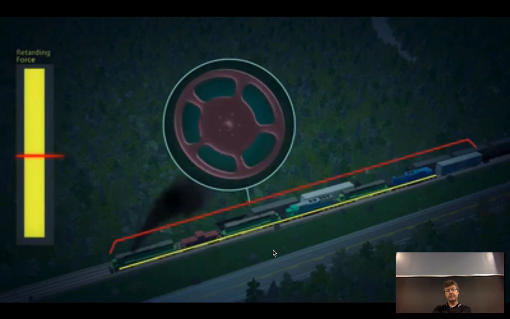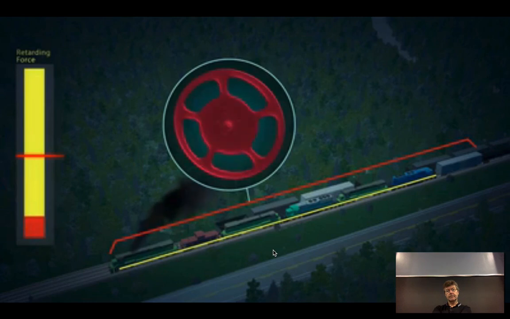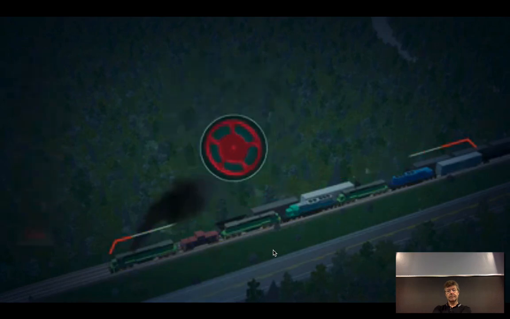Railway rules require that handbrakes alone must be capable of holding a train, and this must be verified by a test. That night, however, the locomotive air brakes were left on during the test, meaning the train was being held by a combination of handbrakes and air brakes. It also gave the false impression that the handbrakes alone were enough.